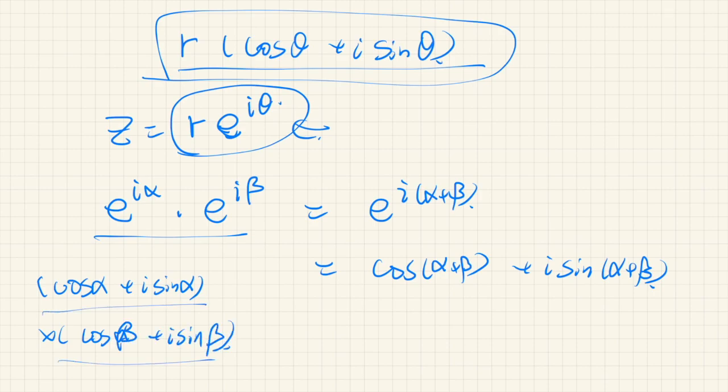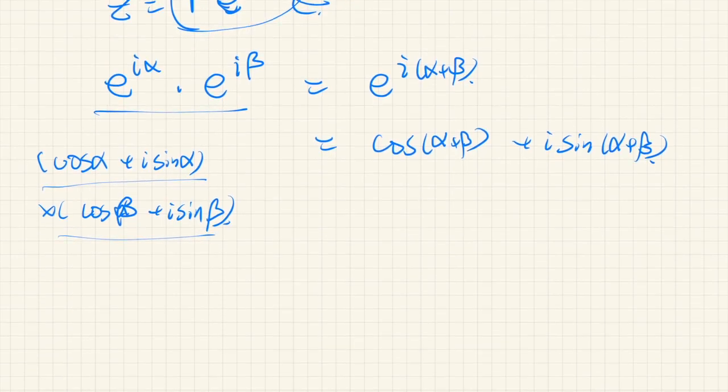So if you expand this and compare the real part and the imaginary part, you can again show the trigonometric identities. That is, cosine of alpha plus beta: just multiply all these factors and collect the real part.